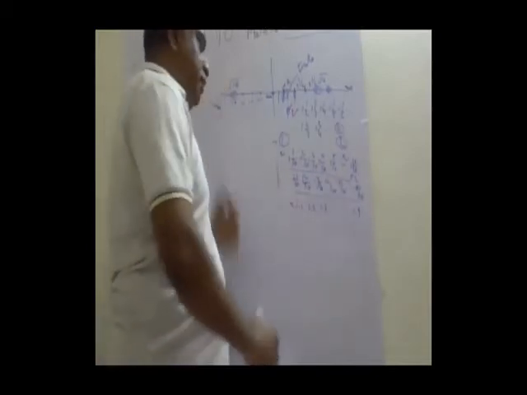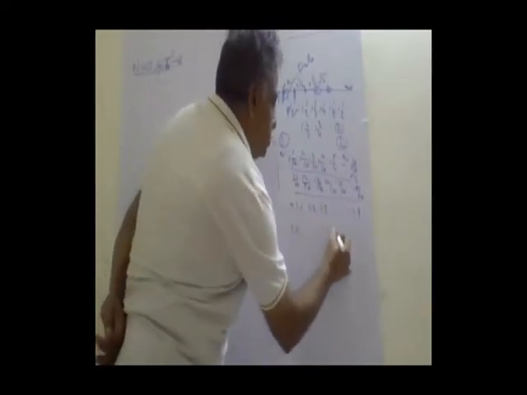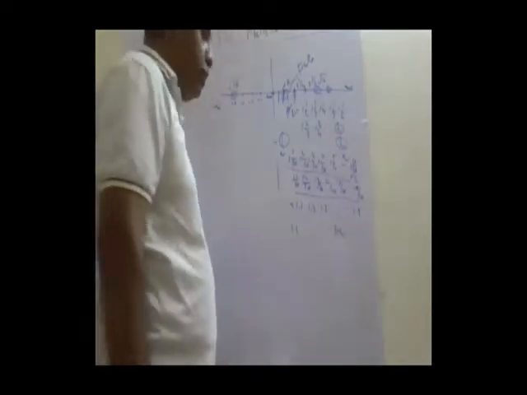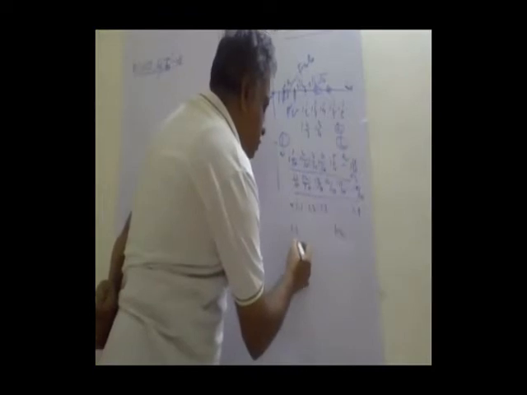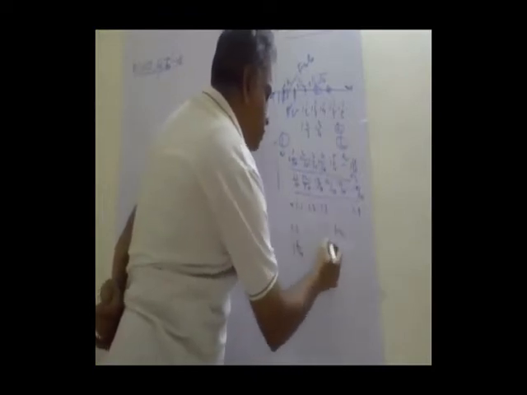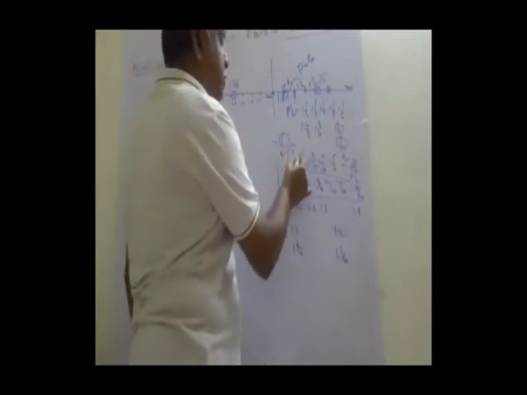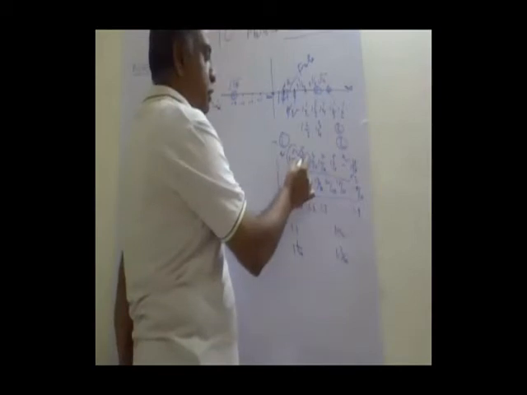Further, between 1.1 and 1.2, I want to add some more rational numbers. How are we going to add? 1.1 is 1 1/10 and 1.2 is 1 2/10.